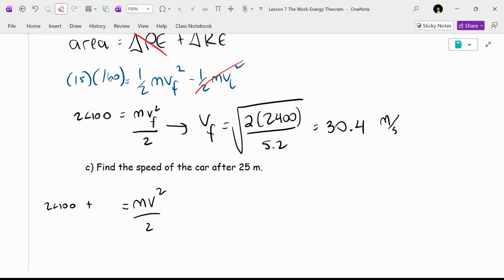What's the equation for the area of a triangle? It's going to be base times height divided by 2. What's the base of that triangle? How long? 10. What's the height of that triangle? So that's a 10. That's a 160. Can you go 2,400 plus 10 times 160 divided by 2, please?